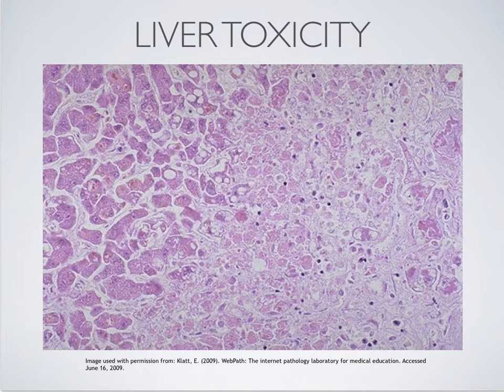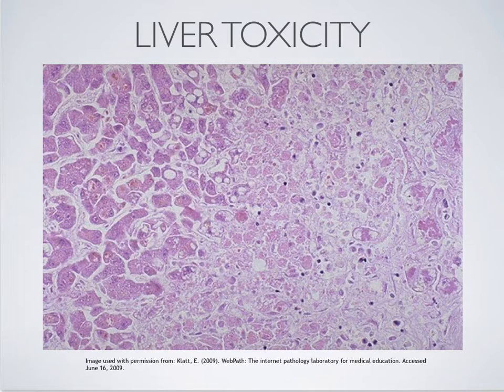What other things do you notice on this image? Do you think the whole section is affected? Yeah. The left of it is necrosis of the liver tissue. Yeah, so over here, on this side, there's a lot more damage, whereas over here, you're seeing more of the normal liver architecture.